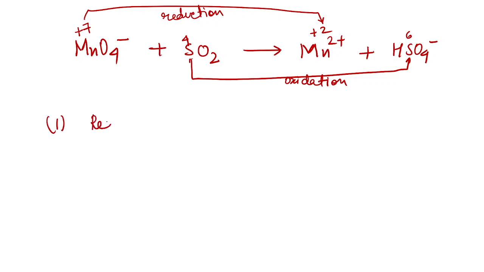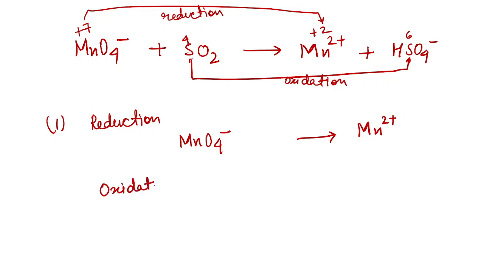We'll write here reduction: MnO4 negative has become Mn2 positive. This is my reduction reaction. And next one is oxidation. Where is the oxidation occurring? SO2 has become HSO4 negative.